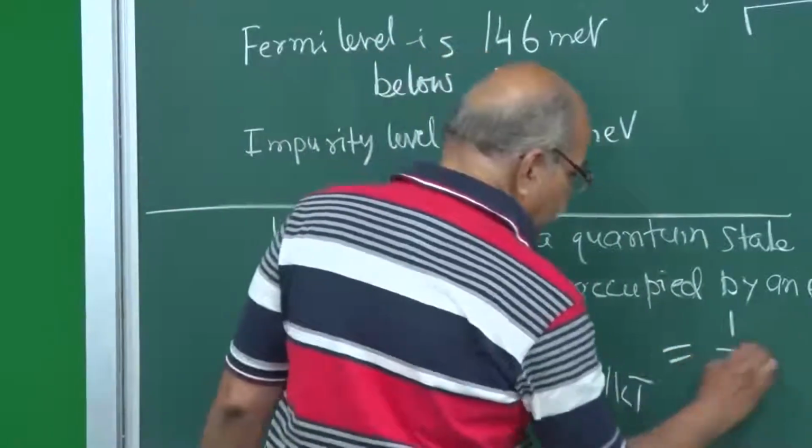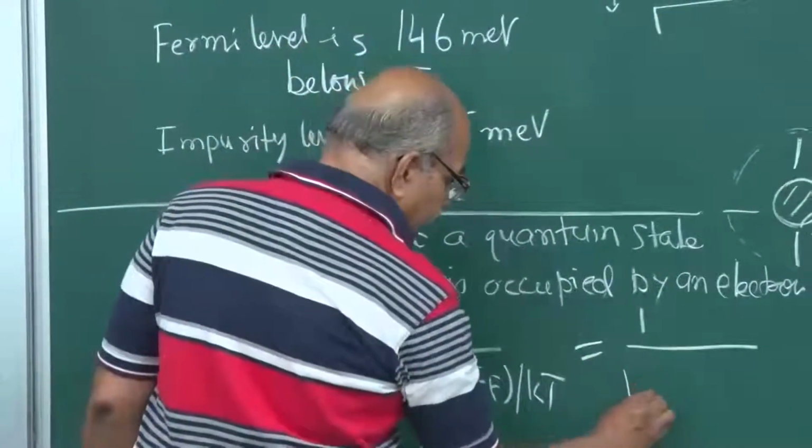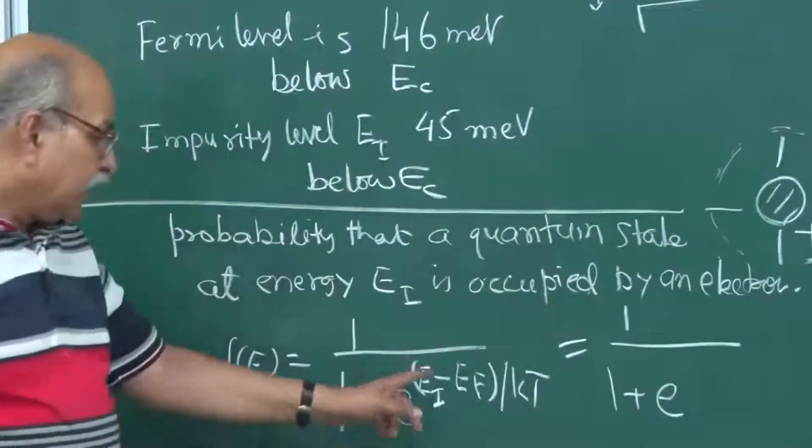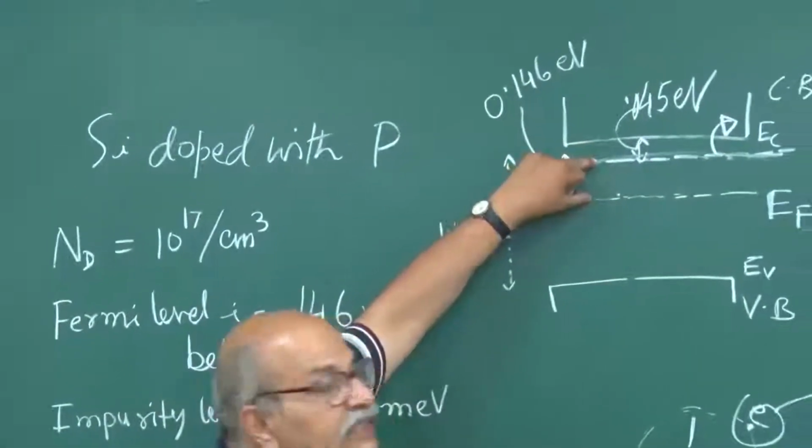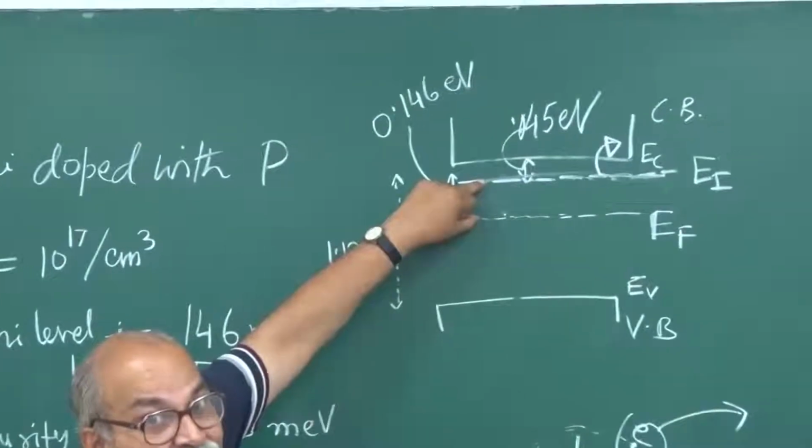So this is 1 over 1 plus e to the power (EI minus EF) over kT. So this is EI and this is EF. What is EI minus EF?